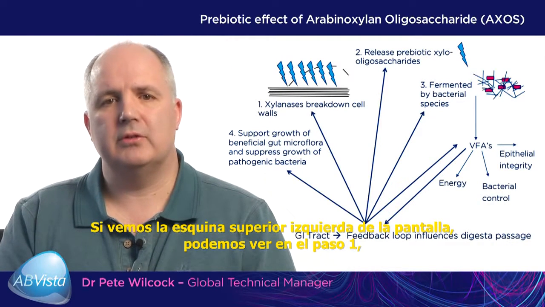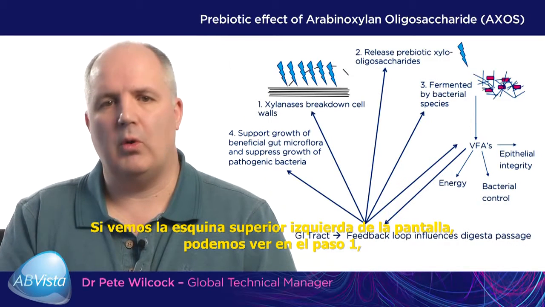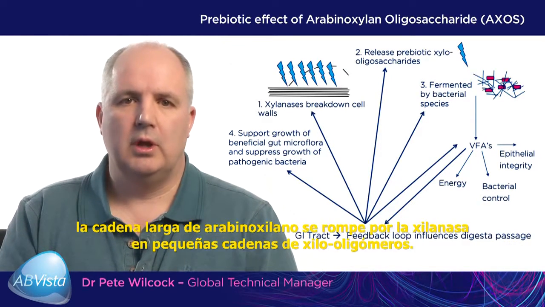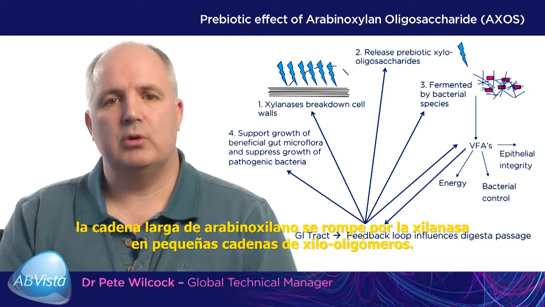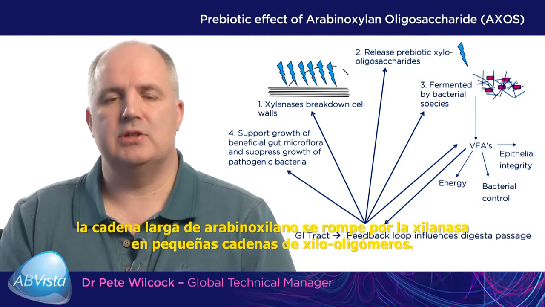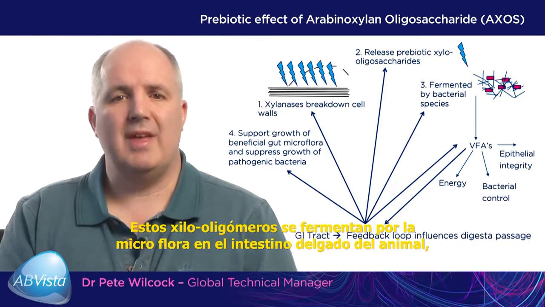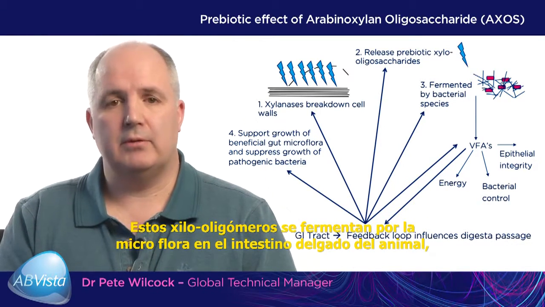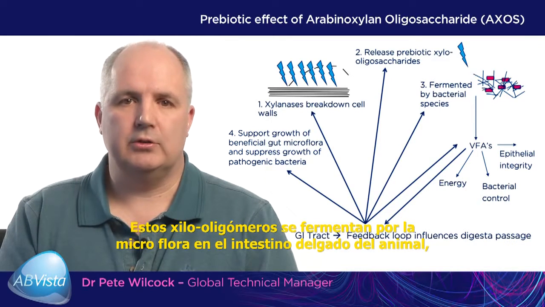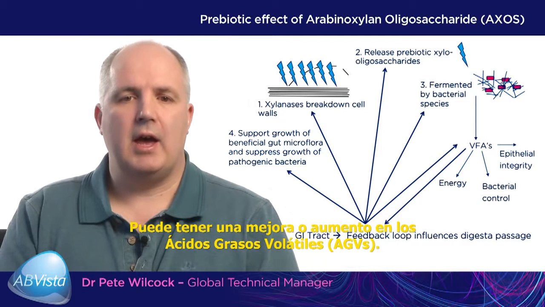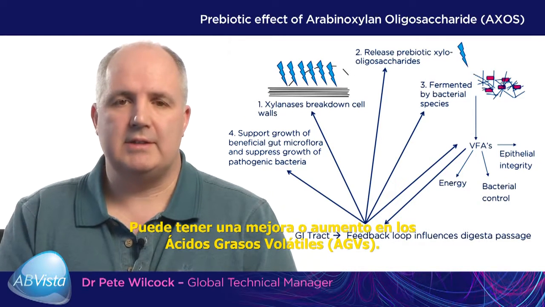If you look at the top left of the screen, and we go through this in a clockwise motion, you can see that in visual 1 the long-chain Arabinoxylan is broken down by the Xylanase into small-chain xylo-oligomers. These xylo-oligomers are then fermented by the microflora in the lower gut and hindgut of the animal, and this can have a multitude of effects. It can increase volatile fatty acids.